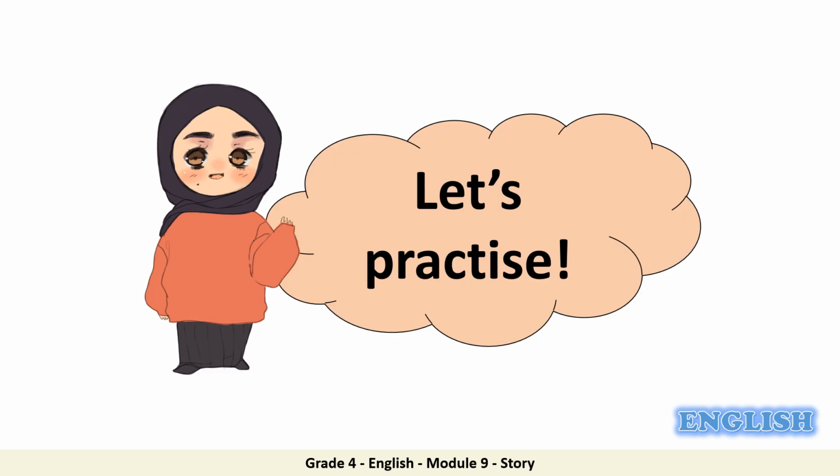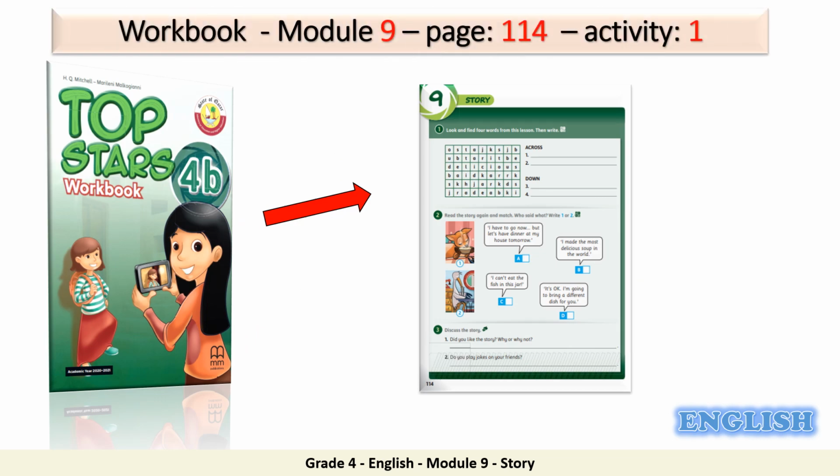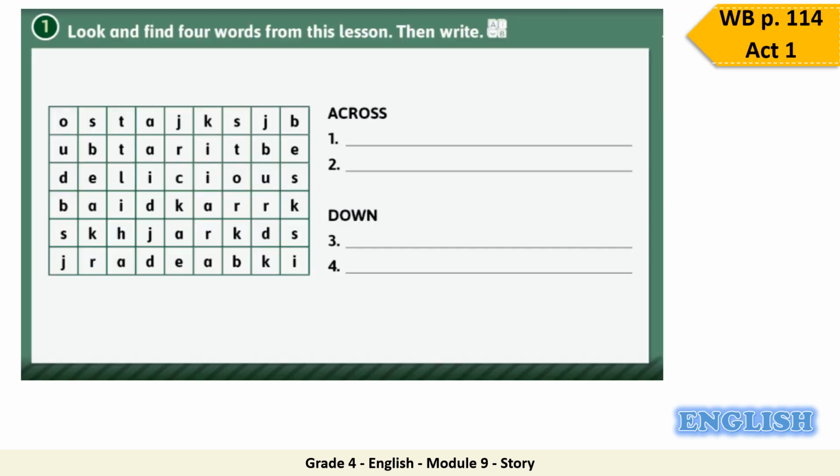Let's go. Open your workbook, page 114, activity 1. In this activity, you are going to look and find 4 words from this lesson. Then write. You're going to write the words either across or down.